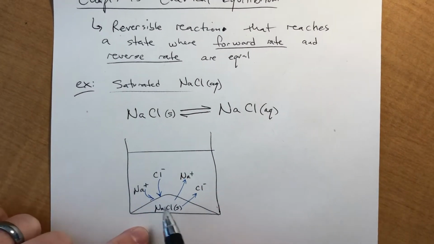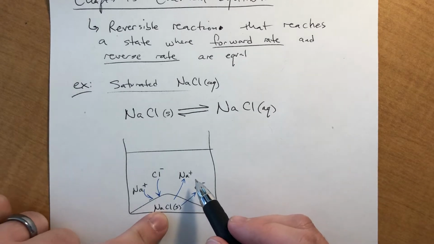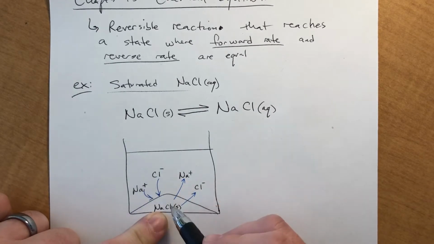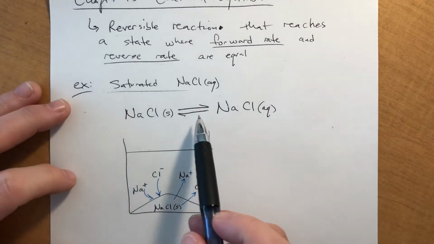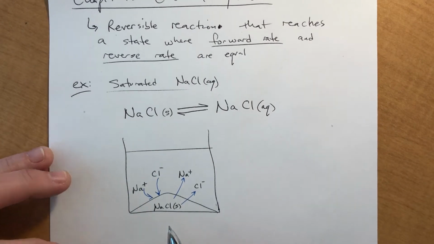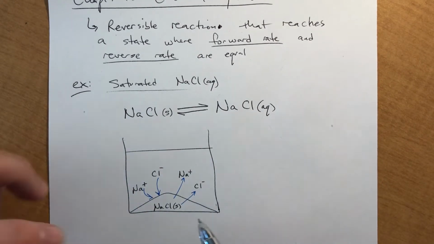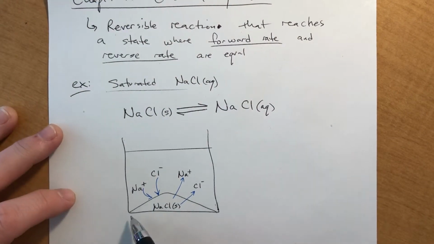All that's happening is the rate of how quickly they're dissolving is equal to the rate of how quickly they're resolidifying. And this is what we mean by equilibrium. If you glanced at it, it looks like nothing's happening. It would be a pyramid shape.